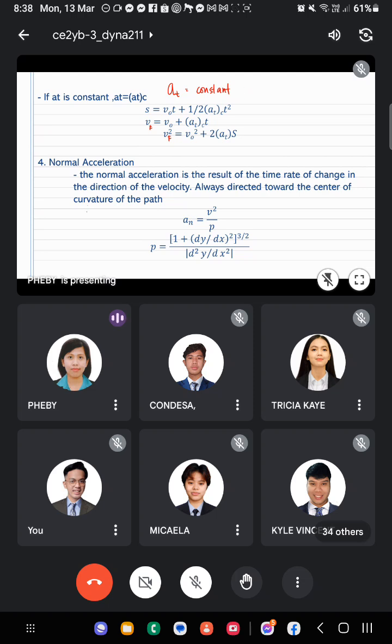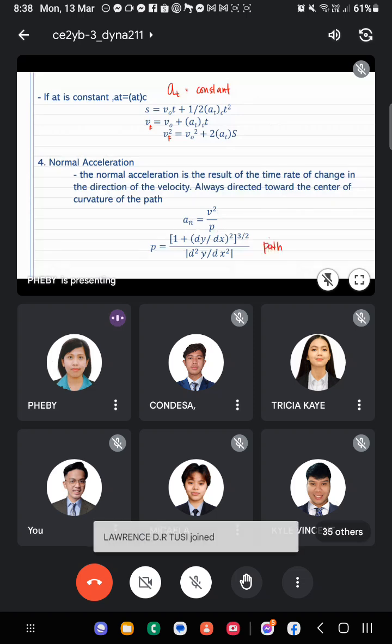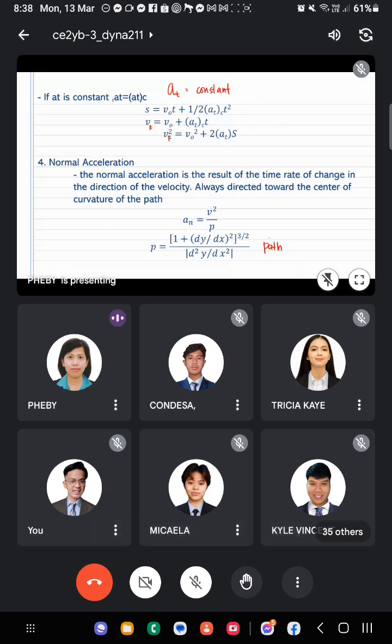And for normal acceleration, the formula is AN is equal to v squared over rho, where rho is the radius of the curved path. This is the formula. Sometimes for normal acceleration, we use the radius if given.